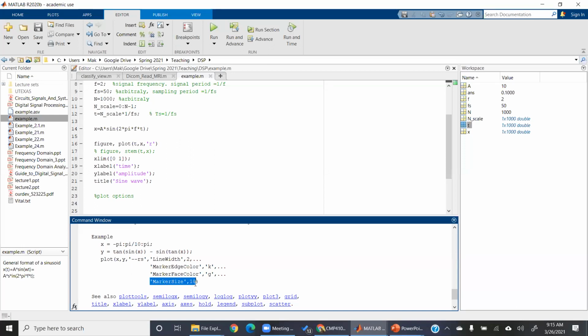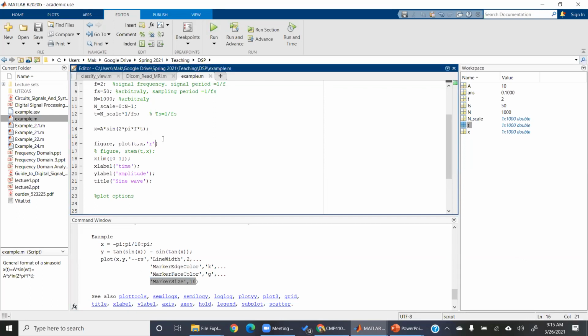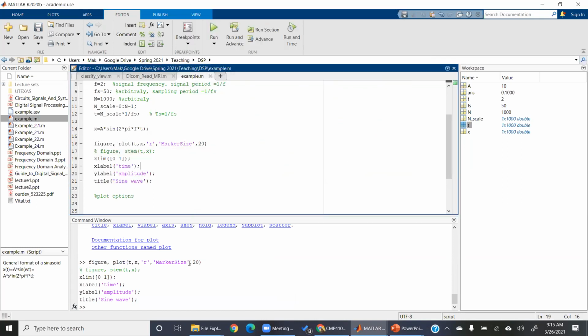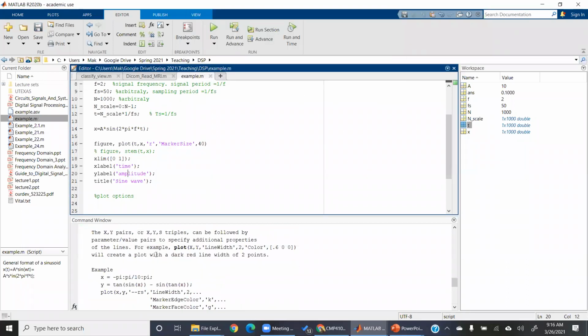So let me, for example, pick marker size. So if I decided to add marker size here and made it 20, marker size is like the thickness of your plot. Oh, no. No, that's not what I want. No, the thickness of the plot is line width.